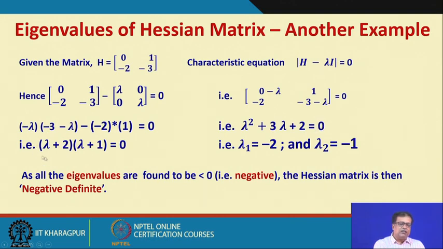By simple factorization, we see lambda plus 2, lambda plus 1 equal to 0, or lambda 1 equal to minus 2 and lambda 2 equal to minus 1. So, all the eigenvalues are found to be negative, and therefore, the Hessian matrix is negative definite.